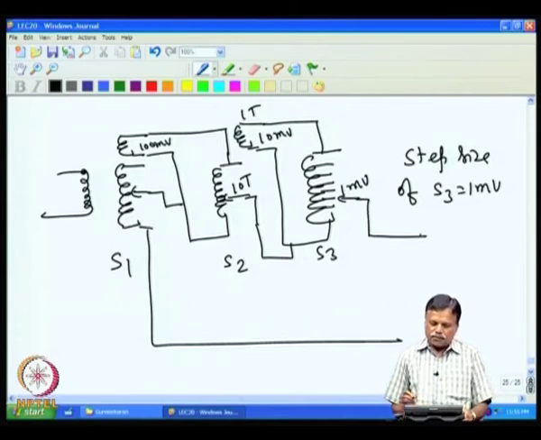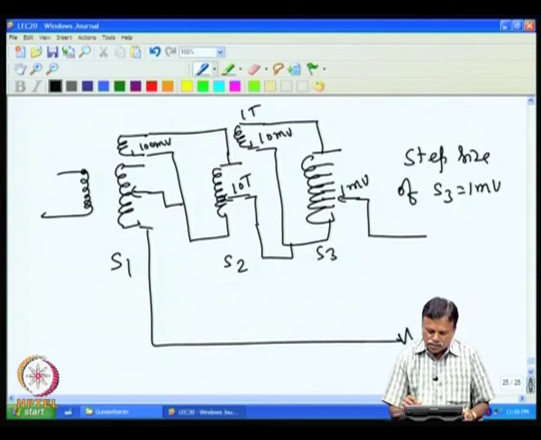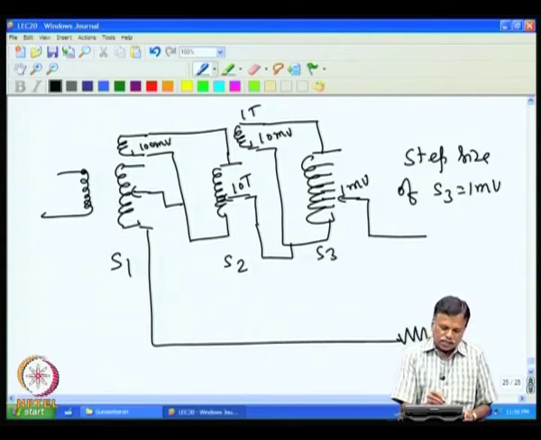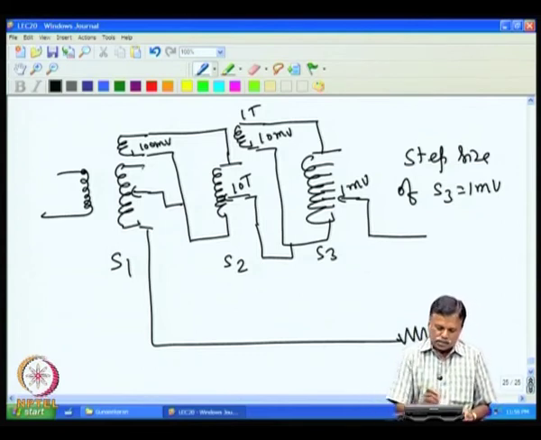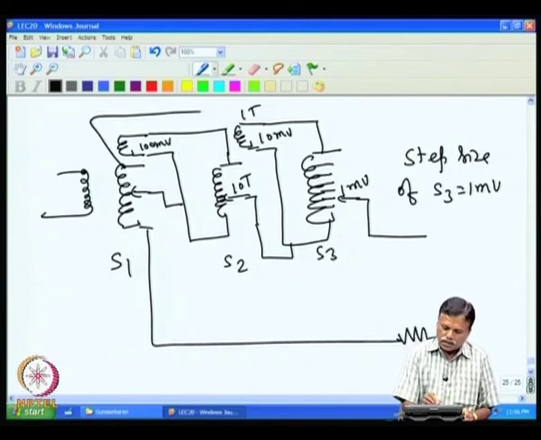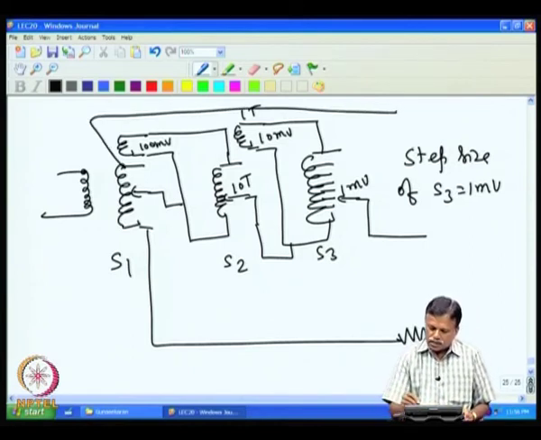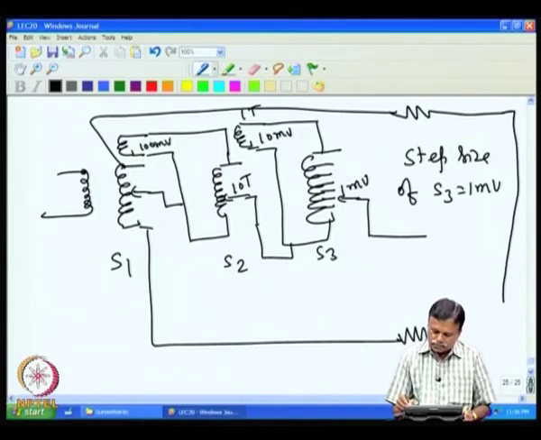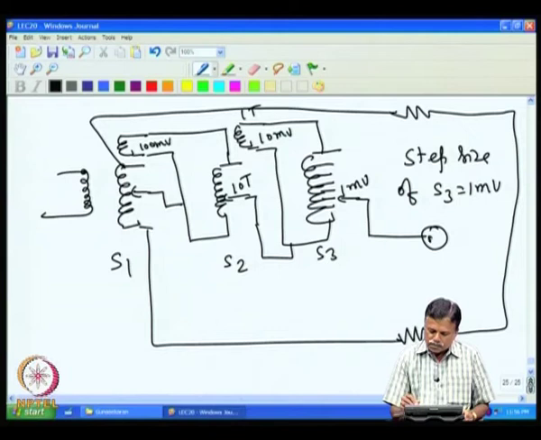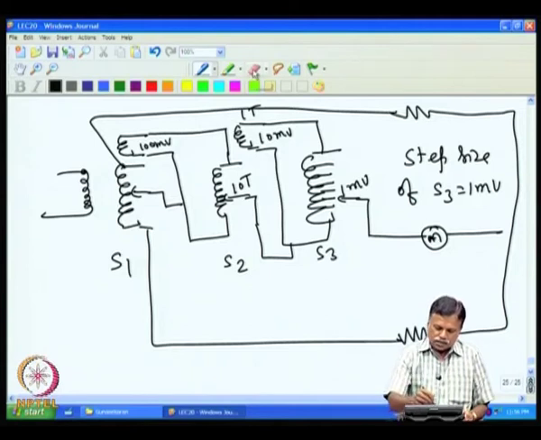Now, for example, for resistance measurement, one standard resistance is connected here and the other resistance is taken from here and connected to this, and then the measuring meter, voltmeter rather, is connected at this point.